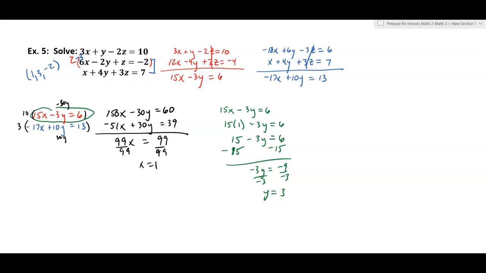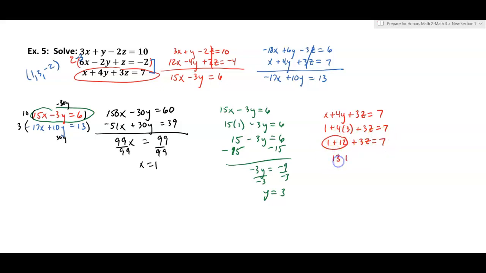So now, finally, I'm going to take the x value and the y value and plug them into this bottom equation. It doesn't matter which one you plug it into. So I'm going to take x plus 4y plus 3z equals 7. Now, that would give me 1 plus 4 times 3 plus 3z equals 7. 1 plus 12 plus 3z equals 7.